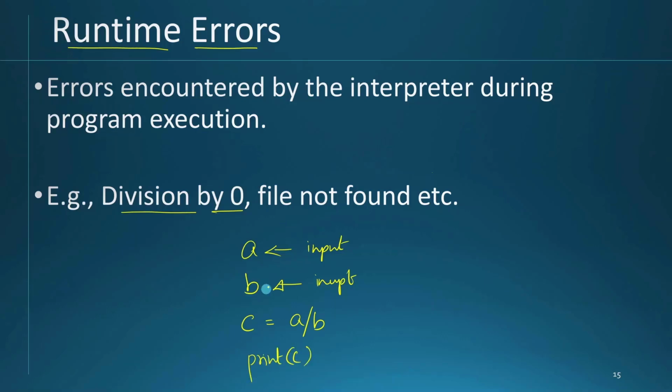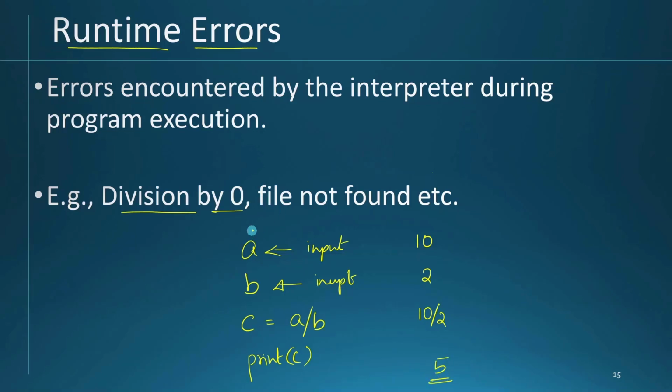Now if this is your program, assume that you enter the value of a as 10 and the value of b as 2. So now in the third statement, you can see 10 divided by 2. So value 5 will be copied into c, and now it will print the result as 5.